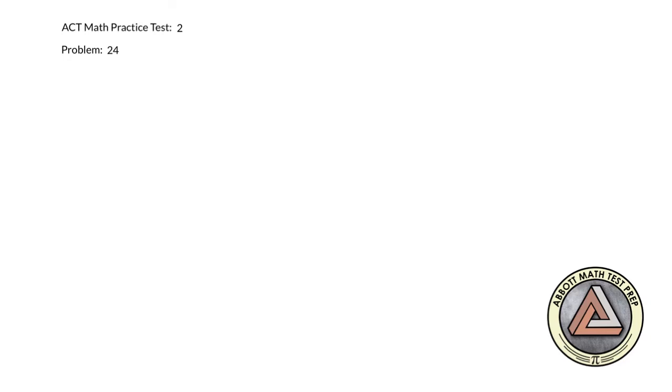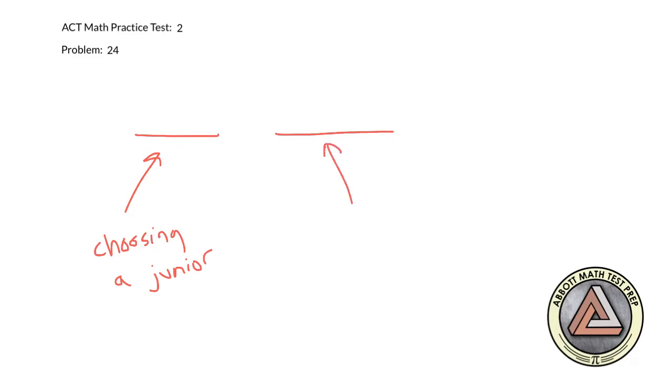What I mean by that is, if you want to figure out how many two-person combinations of one junior and one senior, well, let's imagine that this underline represents the event called choosing a junior. And we're going to say this underline represents another event called choosing a senior.